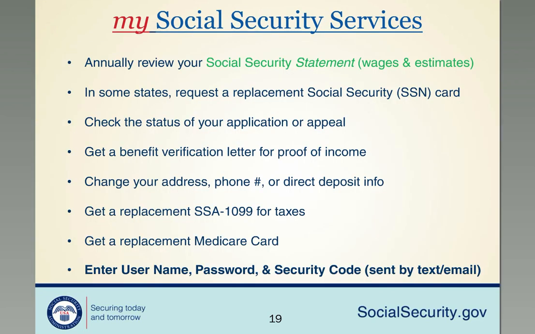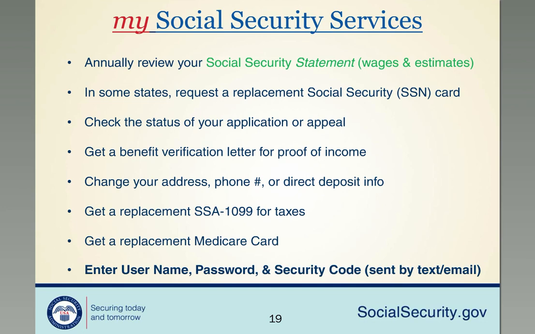By having access to the individualized My Social Security account, there are a number of different things you can do. First off, you can look at your Social Security statement and you can see what your future benefits are going to be. You can also review your work history year by year to ensure that you get all the credit for all the work that you've done over your lifetime.